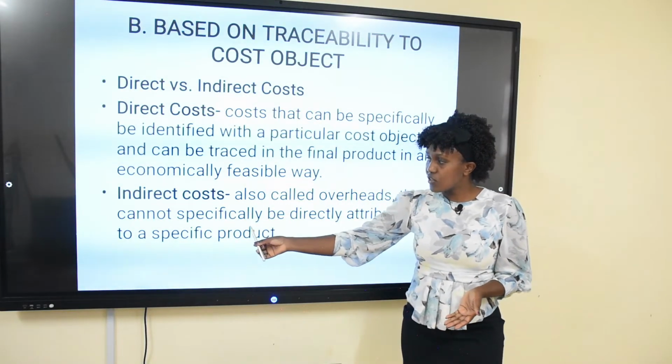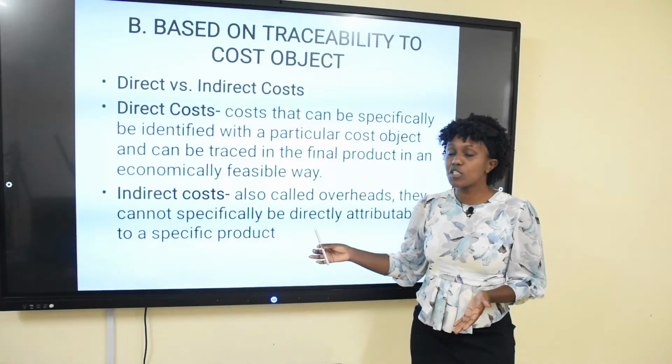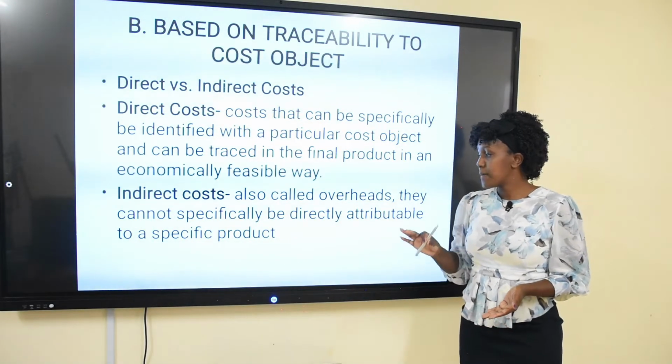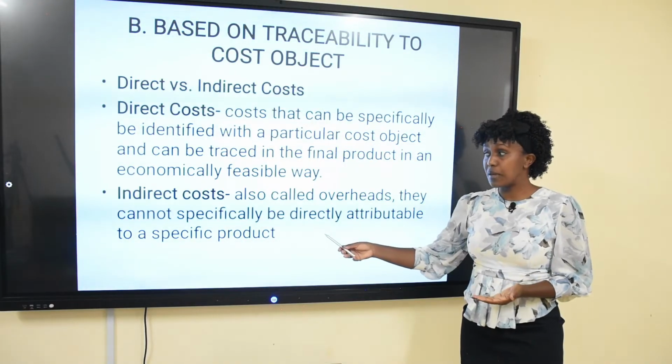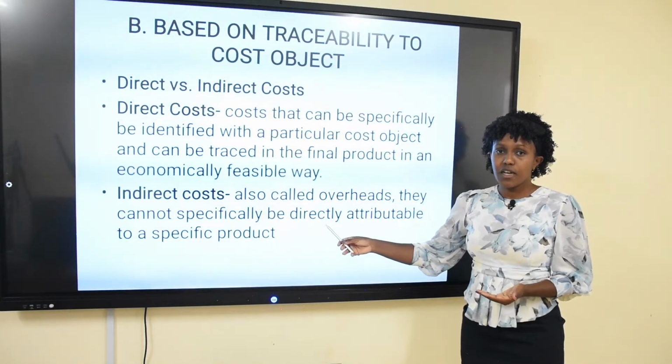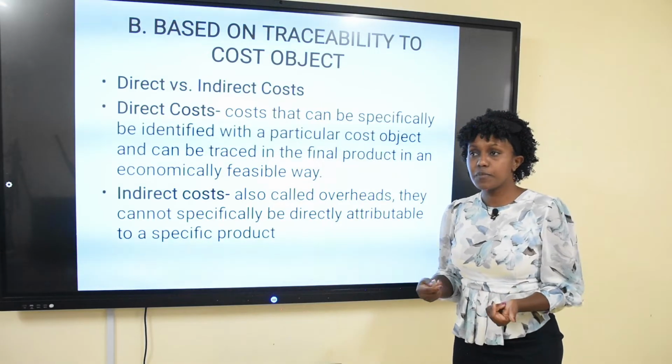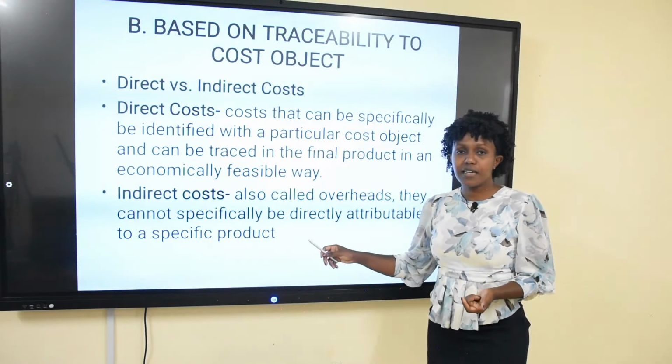Now, indirect costs, on the other hand, are costs that cannot specifically be directly attributed to a specific product. I will give you examples of indirect costs, like indirect material and indirect labor.